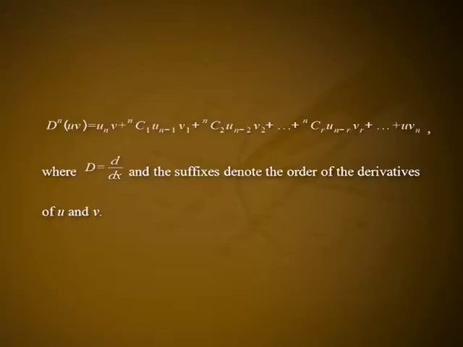Proof. This theorem may be proved by mathematical induction as shown below. We have derivative of uv is equal to d by dx of uv, which is equal to du by dx into v plus u into dv by dx, which is equal to u1 v plus uv1, which is equal to u1 v plus 1C1 uv1.